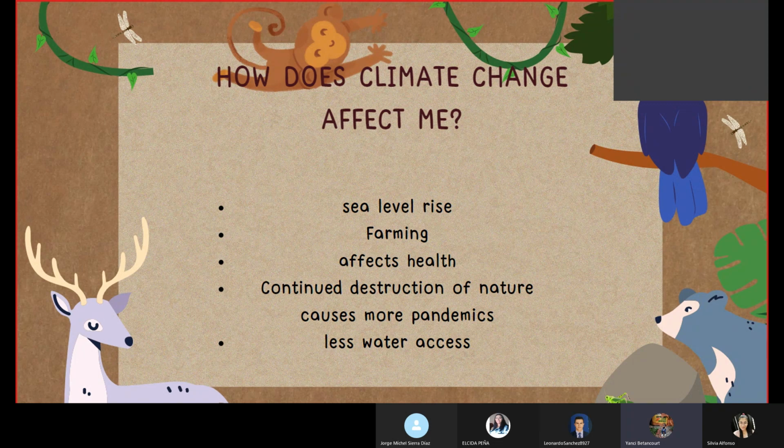These effects continue the destruction of nature. In general, they cause more pandemics and less water access, and there are many more things that affect the lives of all living beings, and it all depends on us to take care of our planet.